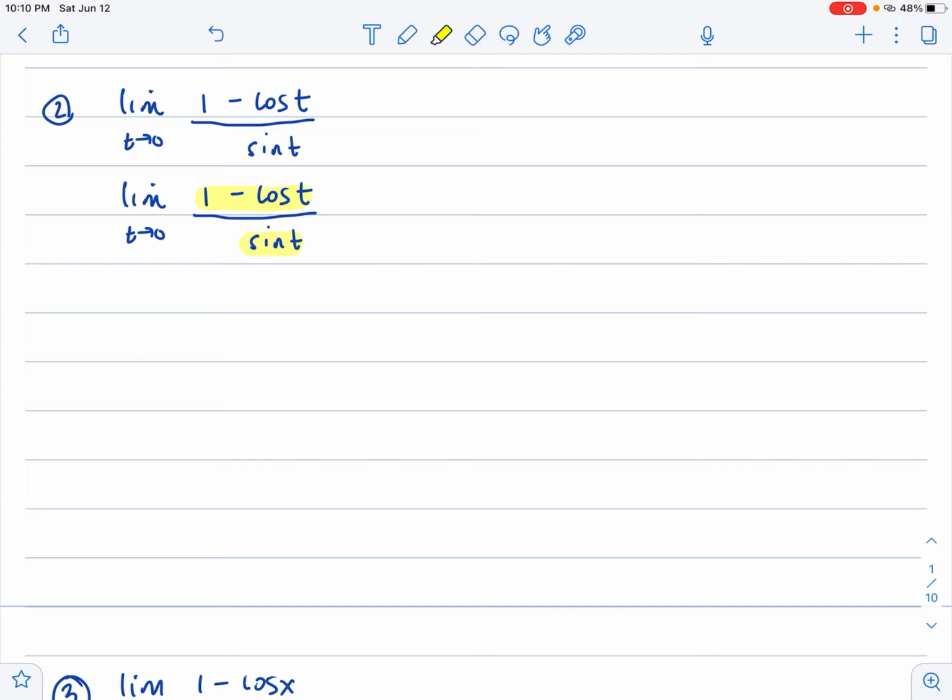Now, meron denominator na x, yung 1 minus cosine x, tsaka merong denominator na x, yung sine x. So, pwede nating lagyan ng denominator na t, yung both the numerator and the denominator of the fraction. Meaning, we can multiply both the numerator and the denominator by 1 over t. So, magiging equal to the limit as t approaches 0 of 1 minus cosine t divided by sine t times 1 over t divided by 1 over t.